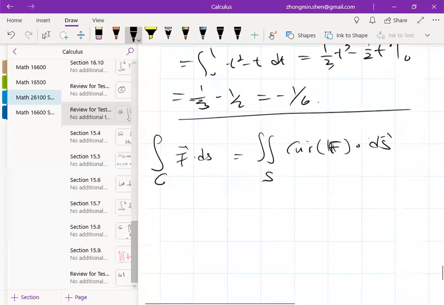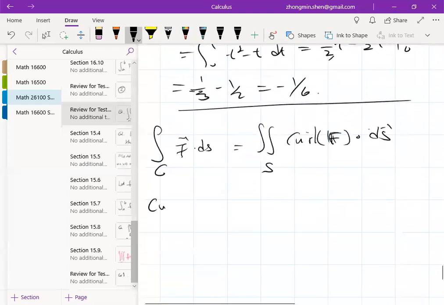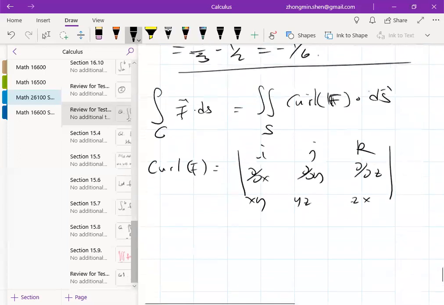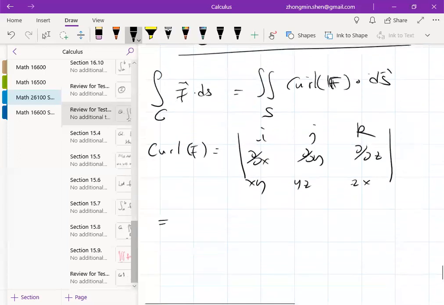The curl of the vector field is going to be the determinant with i, j, k, and the vector field xy, yz, zx. The first one, I think it's going to be y, from the cross product.